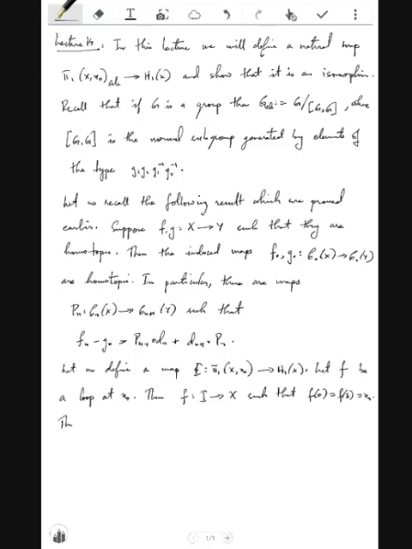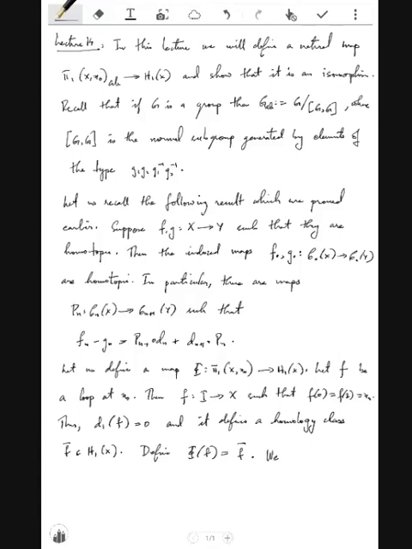Thus d1 of f is equal to 0 and f defines a homology class f bar in H1(X). So we define phi of f to be equal to f bar.